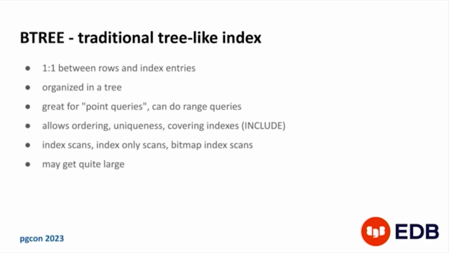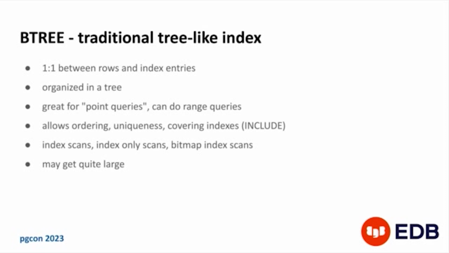And they have many advanced capabilities, for example, you can do sorting using an index, right? Because BTREE indexes are based on ordering, so you can just read the data from the index in a sorted way. And we can do covering indexes. If you create a unique constraint in Postgres, that is automatically backed by a BTREE index, things like that.